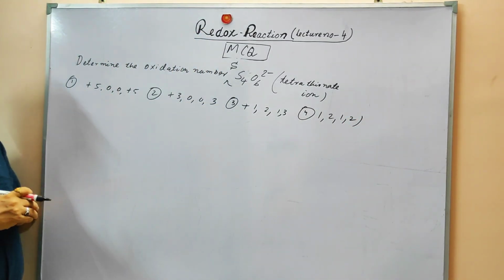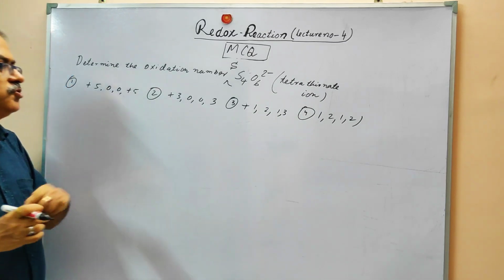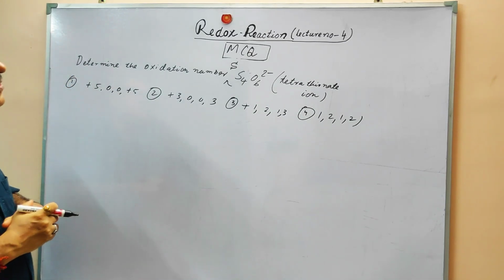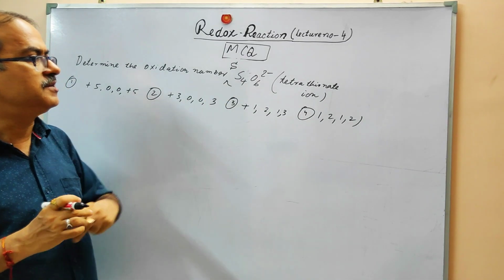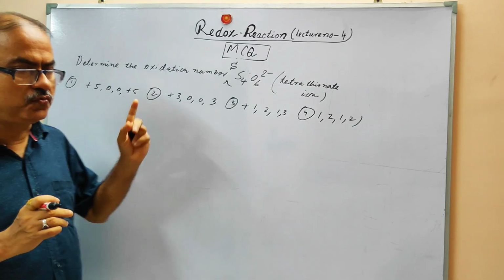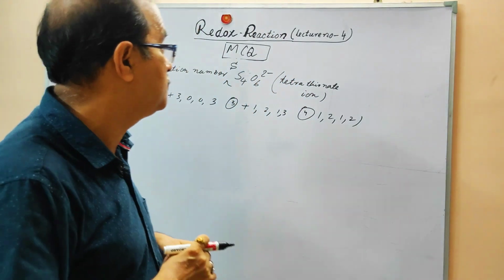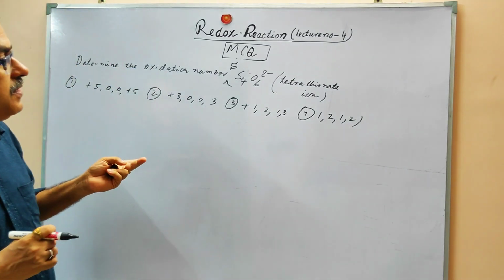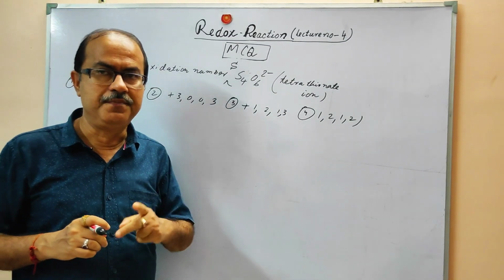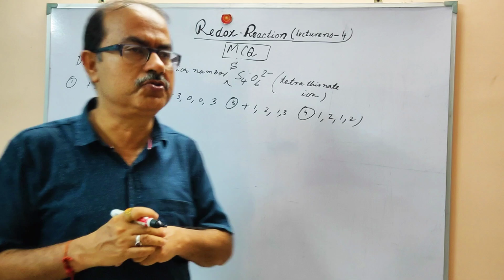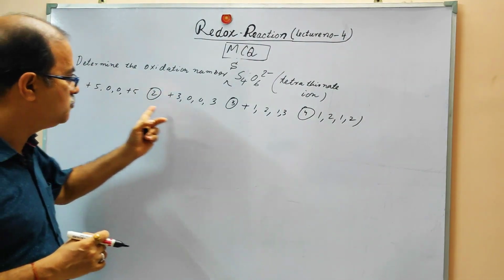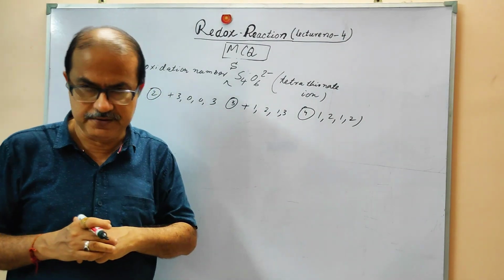So what will be the right answer among these 4 multiple choices? This is tetrathionate. You have to determine the oxidation number of the 4 sulfurs, and whether they have the same or different oxidation numbers. From the multiple choices you can easily understand it will be different.